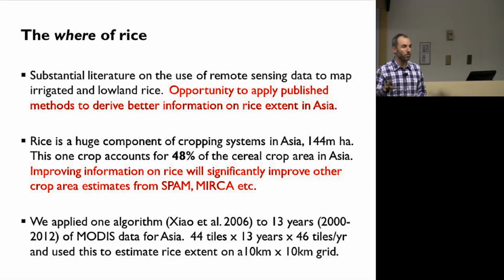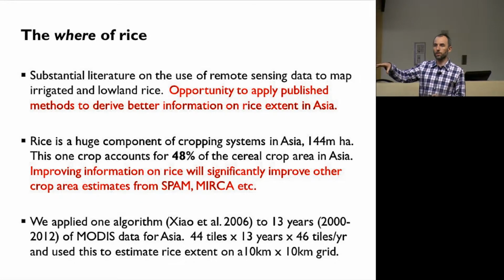It's a big chunk of real estate in Asia. So the idea is, if we could improve just the rice information, where and when is rice grown, models like SPAM would be able to not only improve the rice distribution, but it would have a significant contribution to the other crops, how you allocate where those other crops have to be.